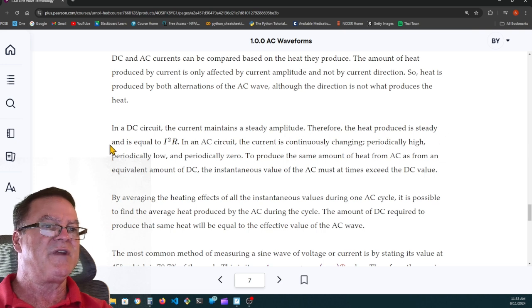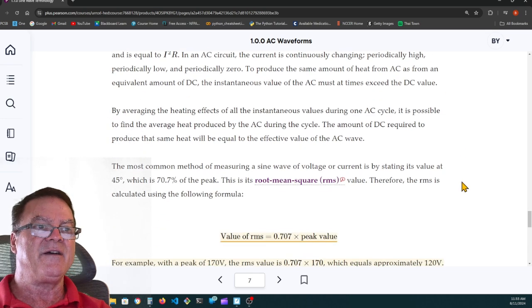Therefore, the heat produced is steady and is equal to I squared R. In an AC circuit, the current is continuously changing, periodically high, periodically low, periodically zero. To produce the same amount of heat from an AC as from an equivalent amount of DC, the instantaneous value of the AC must at times exceed the DC value.